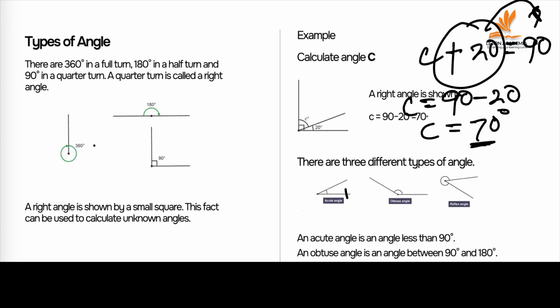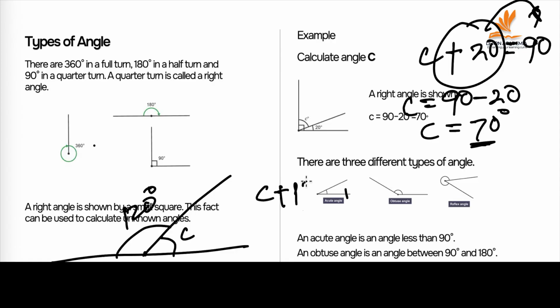If I similarly have an angle going through a half turn, and it is divided into different angles, as in this case, I have a straight line, and then an angle, let's say C, and an angle, let's say 120 degrees, and I'm required to calculate C. Knowing fully well that these angles are on a straight line, that simply means that the sum of angles on a straight line is 180 degrees. So C plus 120 should naturally equal 180.